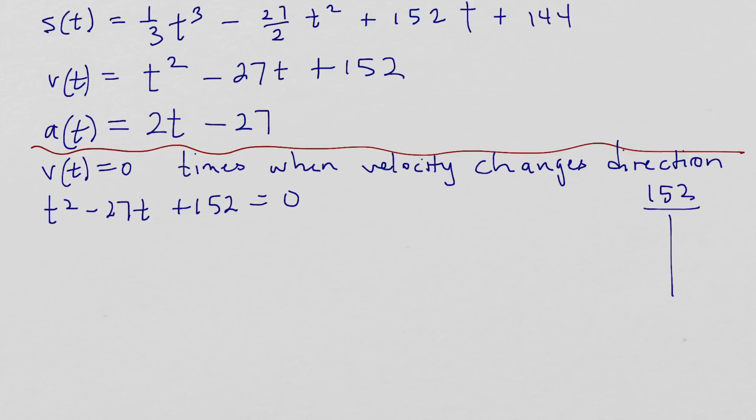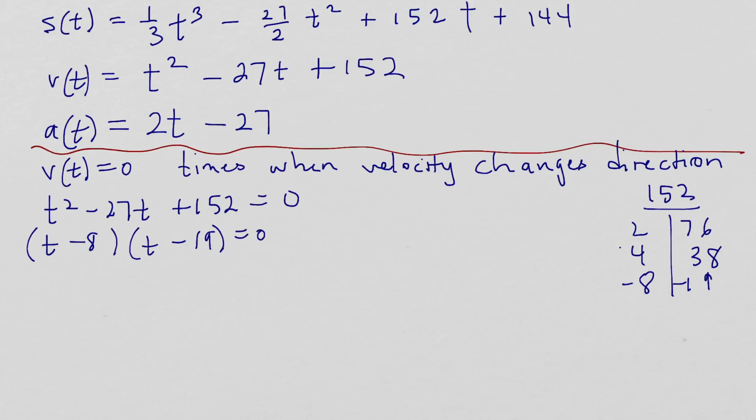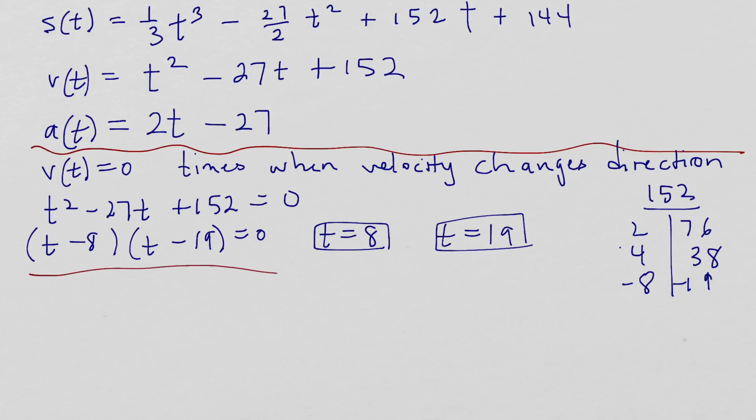I'm sure you guys are expert factorers, but just in case, the two numbers were 8 and 19, two negatives. So t minus 8, t minus 19. So that means that t is equal to 8, the velocity switches directions, and t is equal to 19, the velocity switches directions.